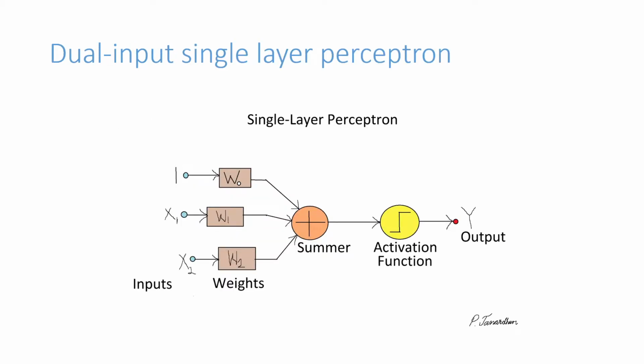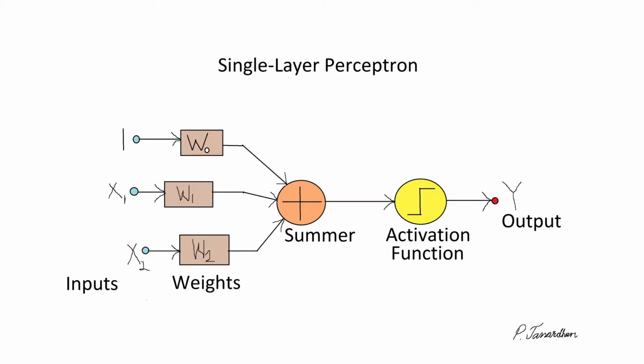This is a single layer perceptron. You can see there are two input features along with a bias input feature. Those are weighted with W0, W1, W2. This weighted sum is again given to an activation function to produce the desired output.